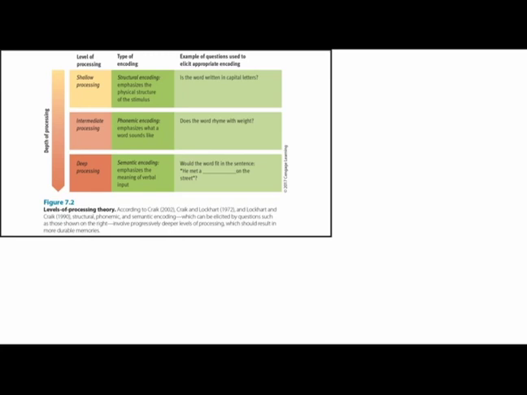And so from this idea that more processing, more systems involved is going to be a good thing, we see that the results of tests like this line up with what we would expect. So if we look at words recognized, basically they'd give you a list of 100 words, they'd ask you questions about all of those, either using structural encoding or the phonemic or the semantic encoding.